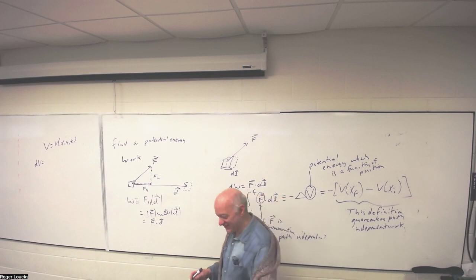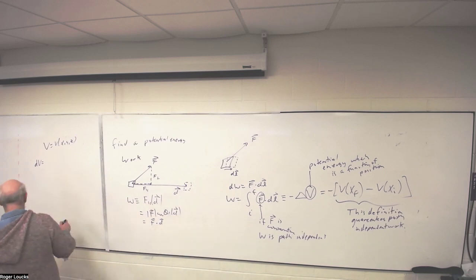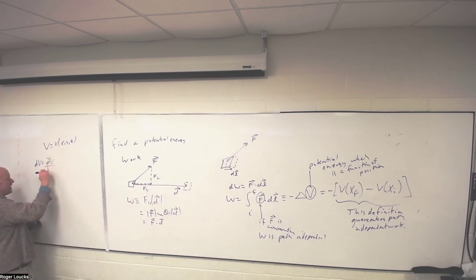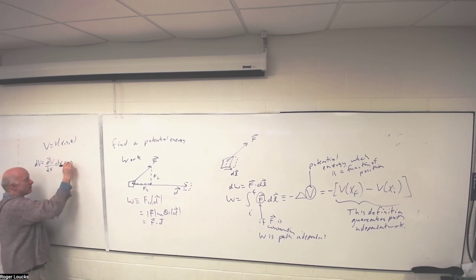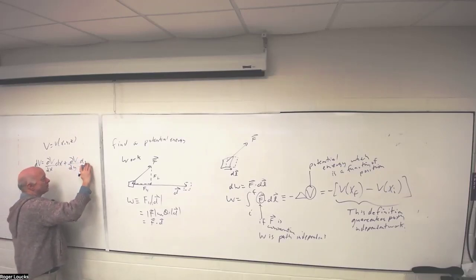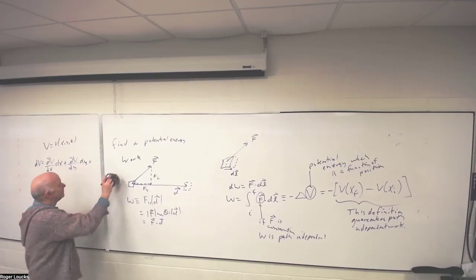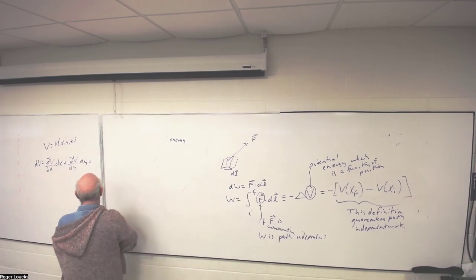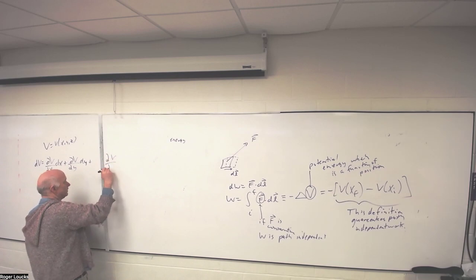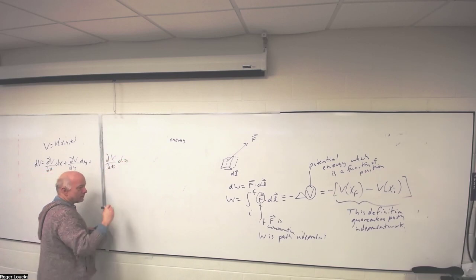Partial V with respect to X, dx. So this is how much V changes if you only change X. Plus partial V with respect to Y, dy. Plus partial V with respect to Z, dz.